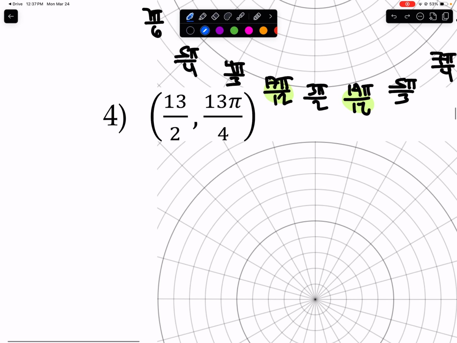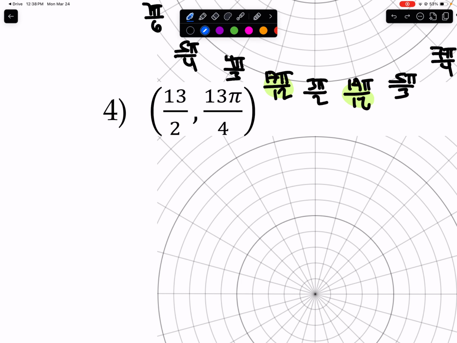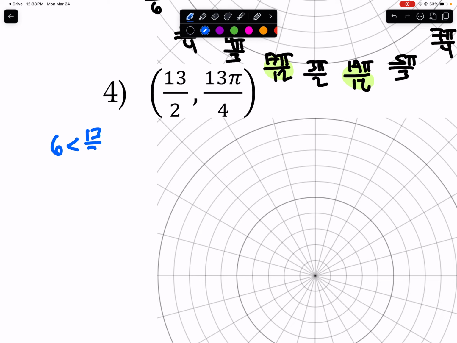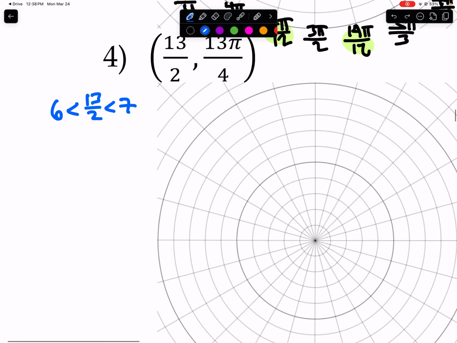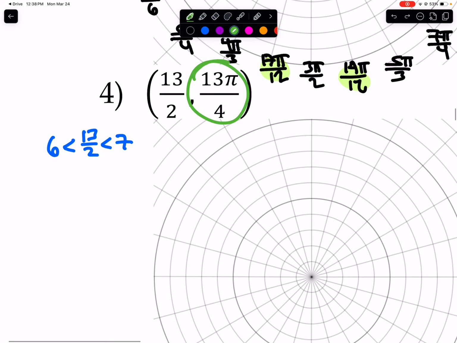Now I'm going to come over here to number 4. I'm going to jump around and then we'll come back to 2 and 5. So now we have 13 halves, comma, 13 pi over 4. So 13 halves is going to be between 6 and 7. So it's 6.5 more specifically, but in case you get any weird values, you can at least try to find what numbers it's between. And then 13 pi over 4, well, this is bigger than 2 pi, so what that tells me is I need to find a coterminal.